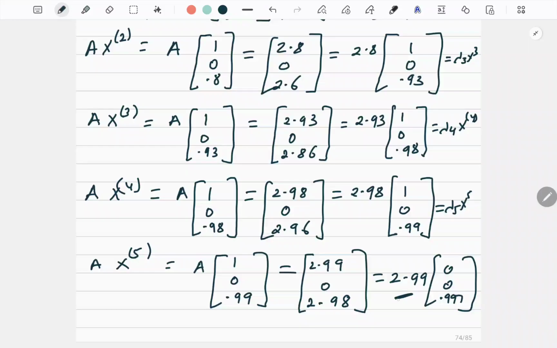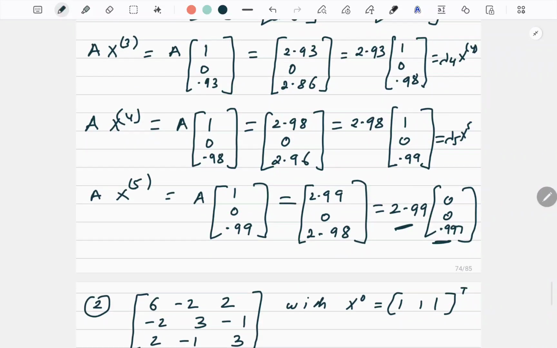So this is lambda 6 and this is x6. Now again do A x6. So when you multiply, I will get 2.997, 0 and 2.994. So I will take 2.997 common and I am left with 1, 0, 0.99.